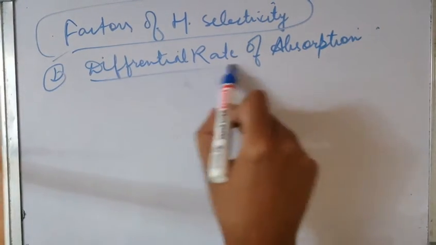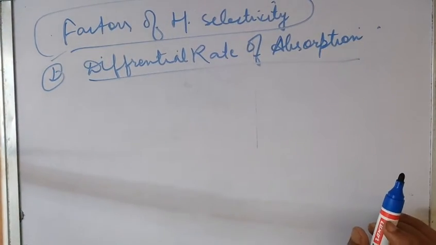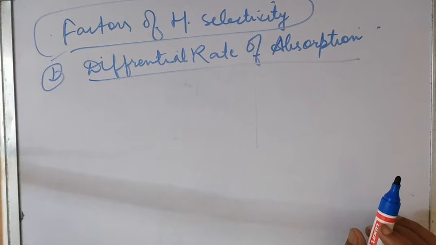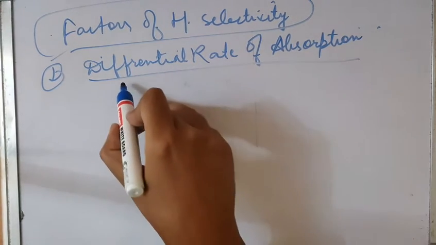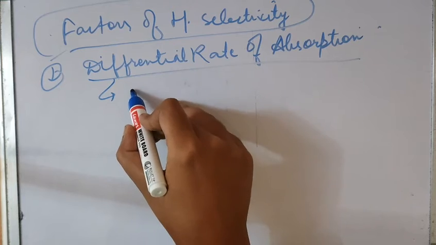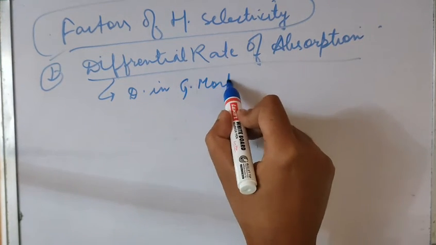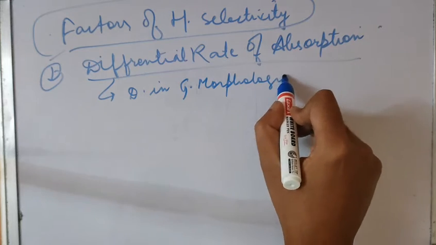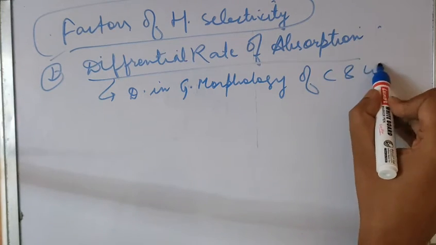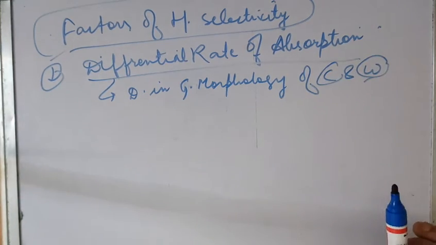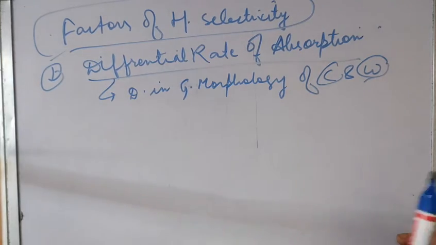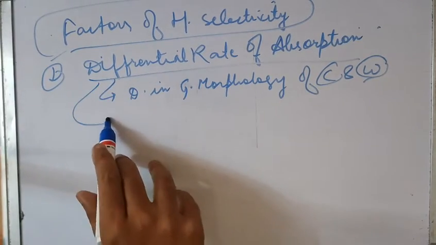So here, due to difference in morphology and growth habits of crop and weeds, herbicide is applied. Crop and weeds both have different growth morphology, and here we can use differential rate of absorption.